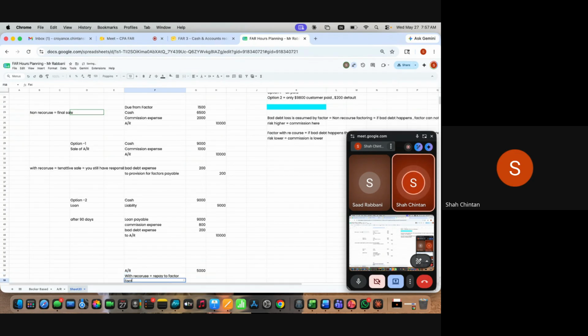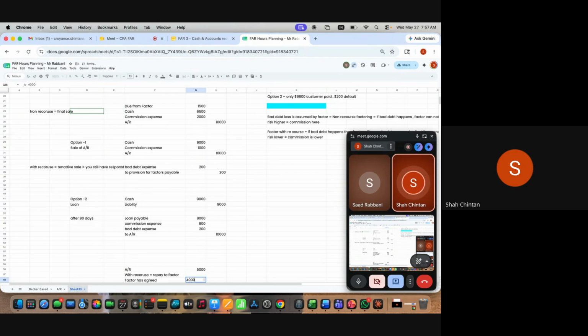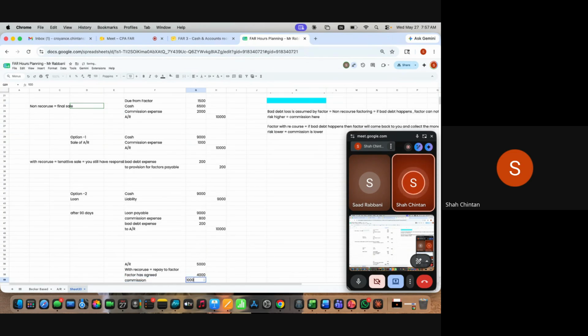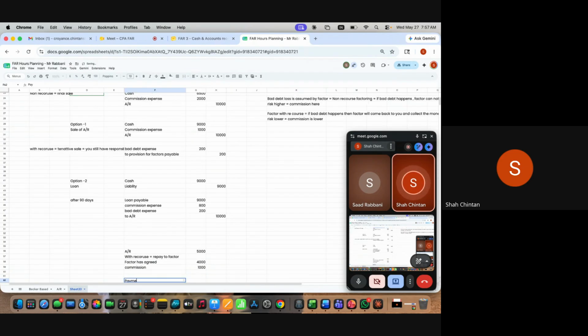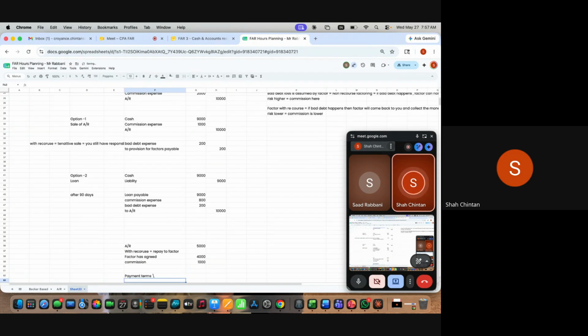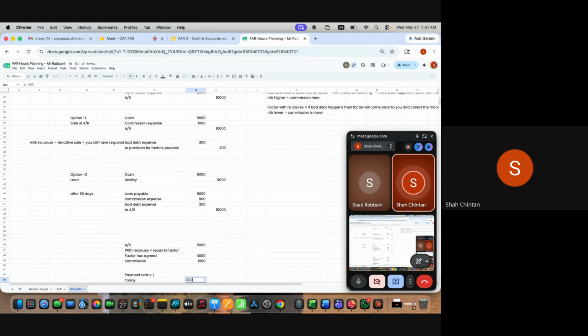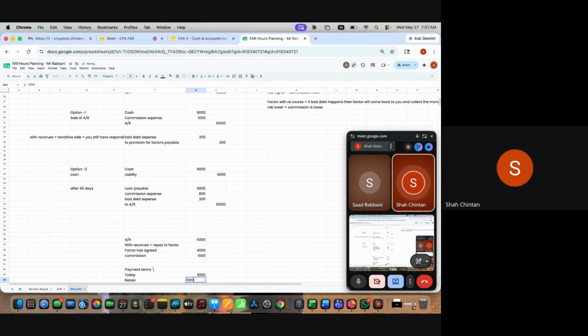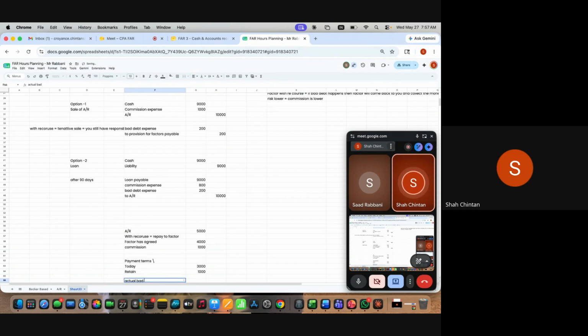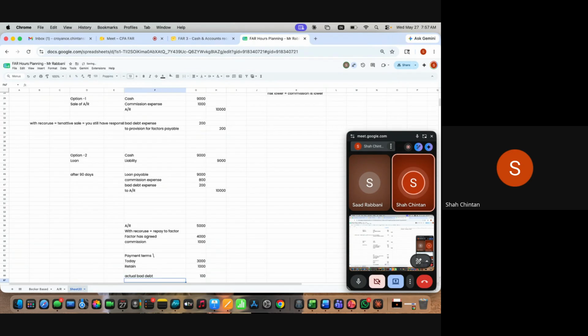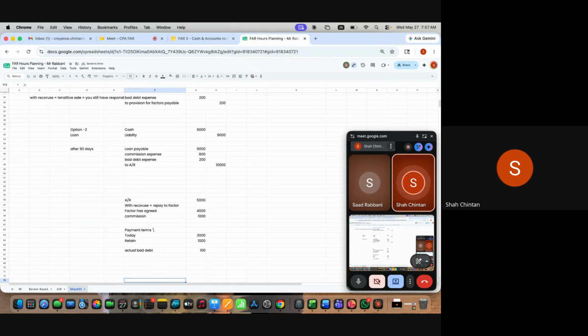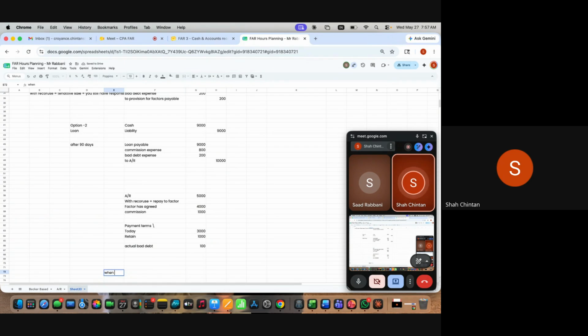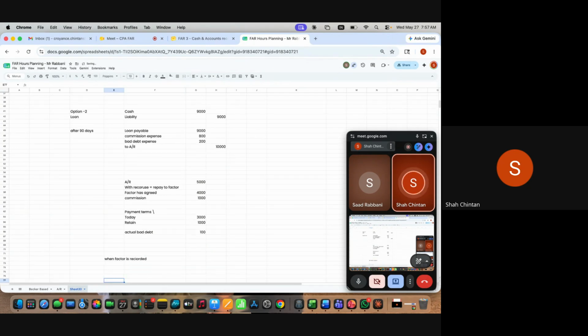Now let's say the factor has agreed to pay you a total of $4,000. His commission is 1,000. But the payment terms are like this. So today the factor is giving you 3,000. The factor is retaining $1,000, and actual bad debts are, let's say, $100. So over to you. Sorry, entries now. What happens when the factor is recorded, and what happens when a settlement happens?